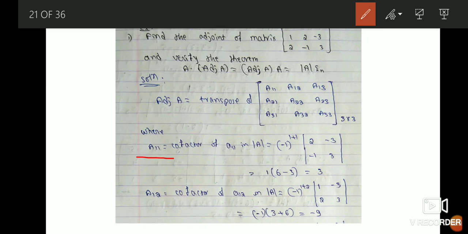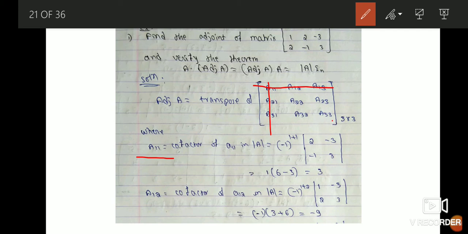Then you have to remove the elements of the first row as well as the first column, leaving A22, A23, A32 and A33, that is 2 minus 3, minus 1 3, and its determinant is 6 minus 3, so the answer is 3.